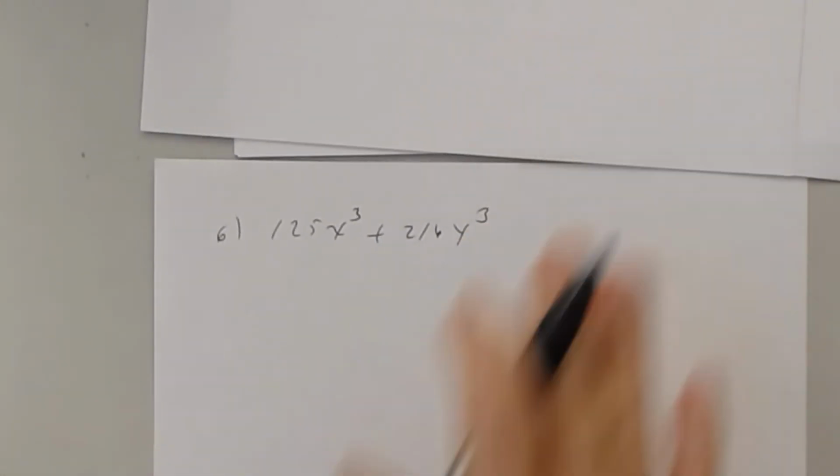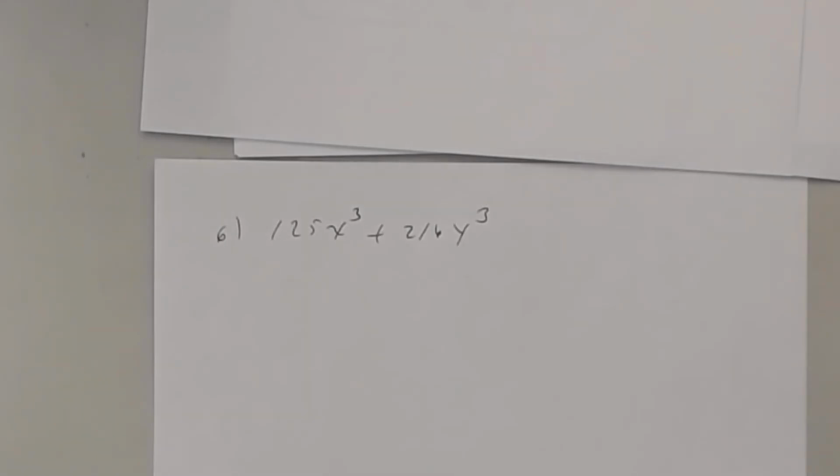Now don't let that throw you off. What's your GCF? 1. How many terms do you see? 2. What sign's in the middle? Addition. So is this the sum of two squares? No.